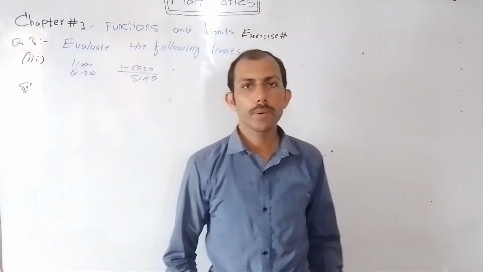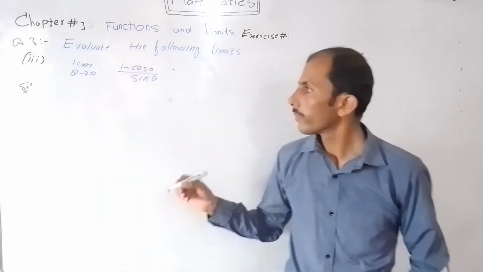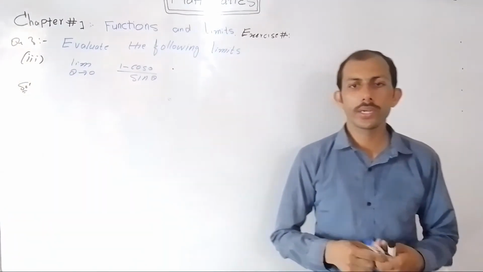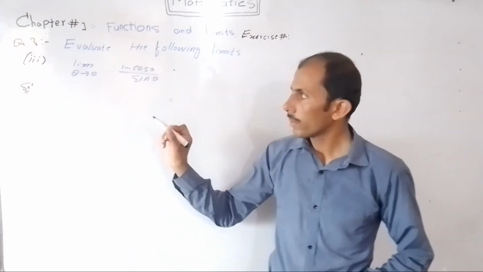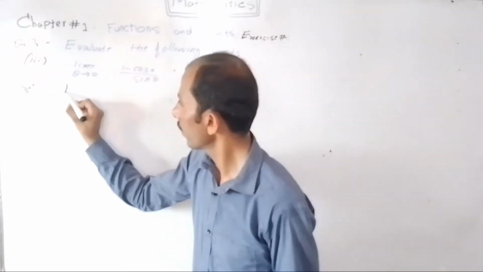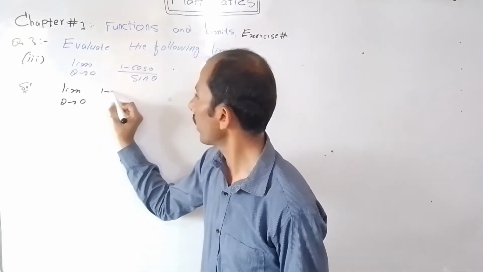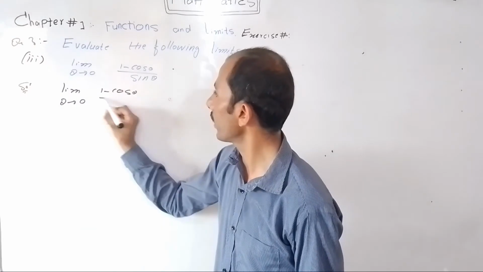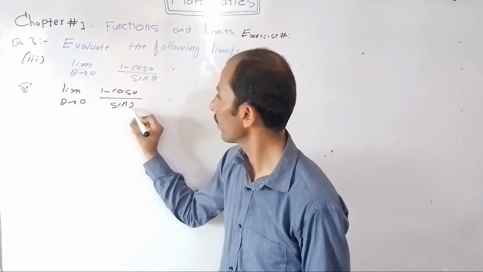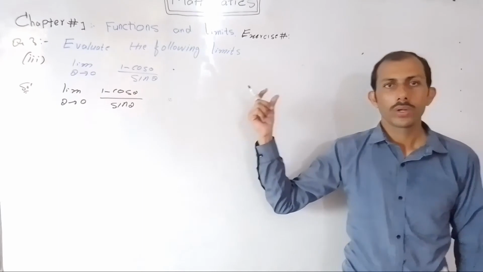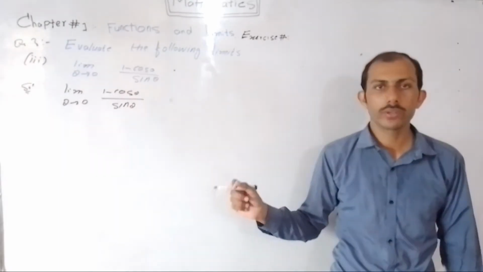Dear students, next part number 3. Limit theta approaches to 0, 1 minus cos theta divided by sin theta. First, as it is. First of all, we rationalize the numerator function 1 minus cos theta.